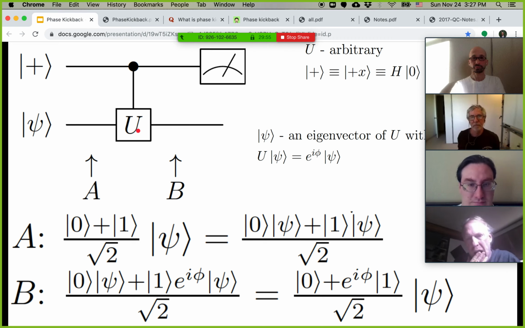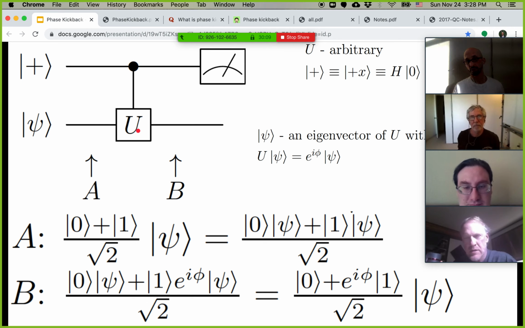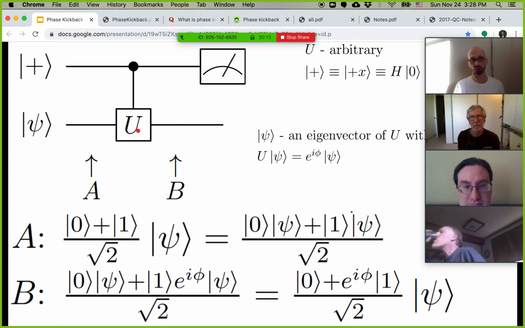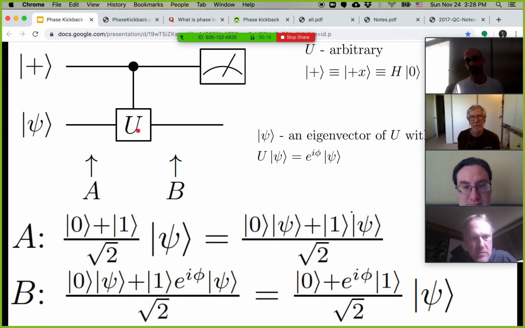By the way, actually, generally speaking, controlled operations in the quantum case are symmetric, and the separation into control qubit and target qubit is just a legacy of the classical state.